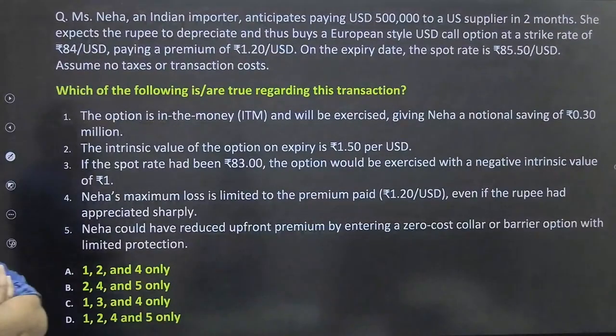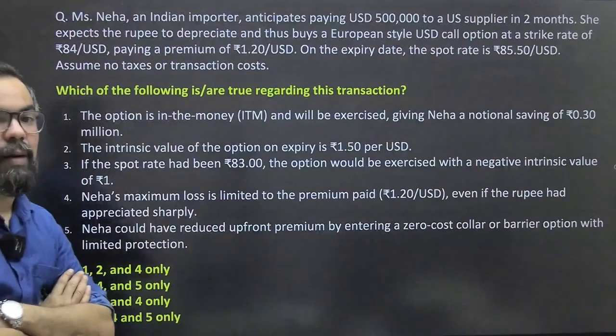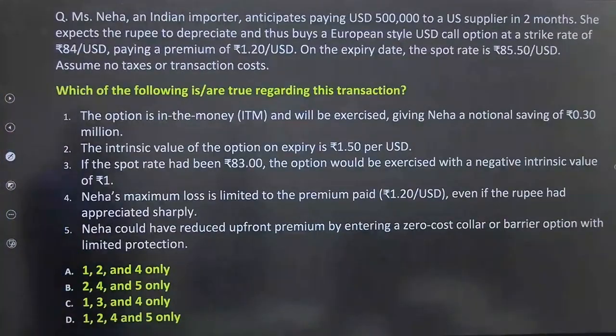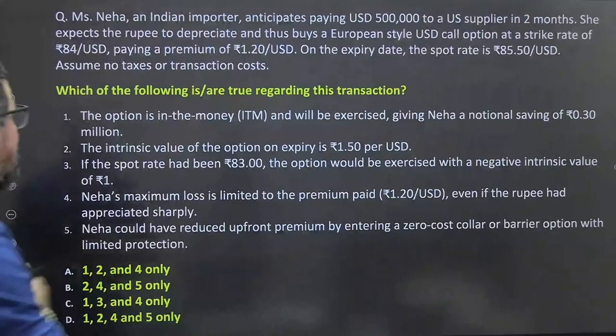If the rupee depreciates, that means she needs to pay more. Thus she buys a Euro style USD call option, which will be exercised only on the expiration date, at a strike rate of 84, paying a premium of 1.20 USD. On the expiry date the spot rate is 85.50. Assume no taxes or transaction cost.